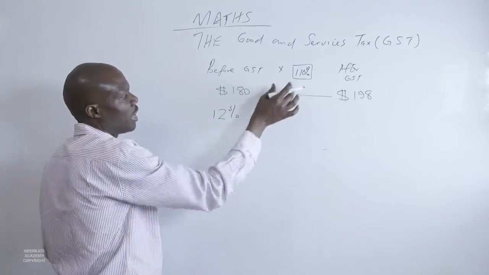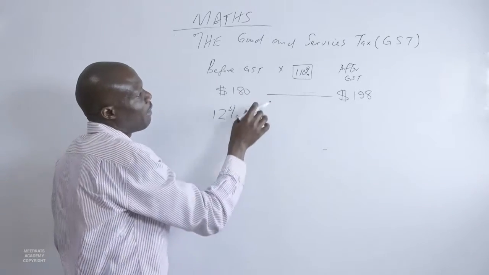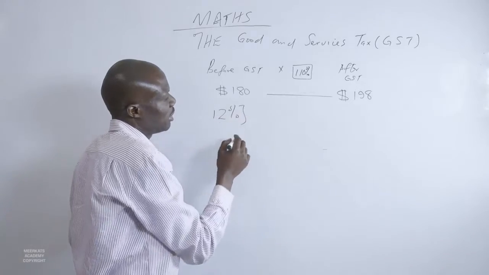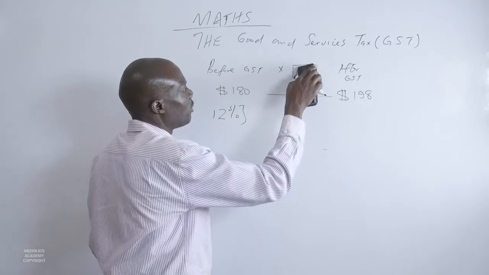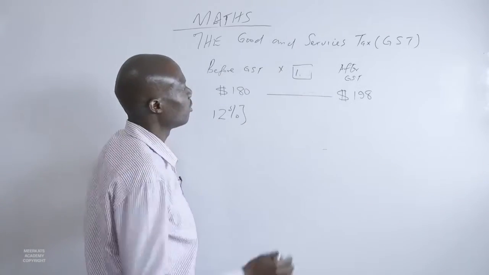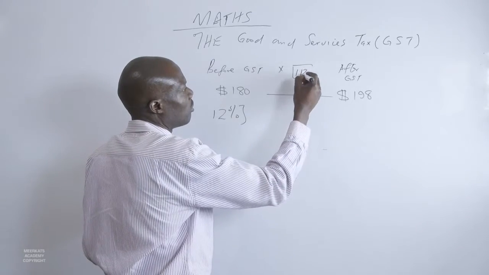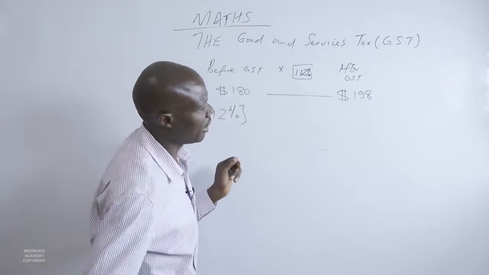What goes here is the total percentage of the whole, 100%, plus the percentage of GST, which is 12. When you add that, what would come in the box would be 112%.